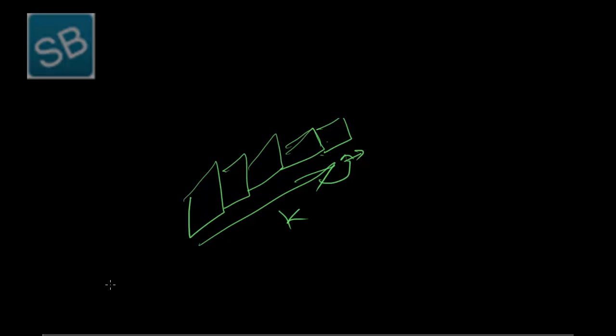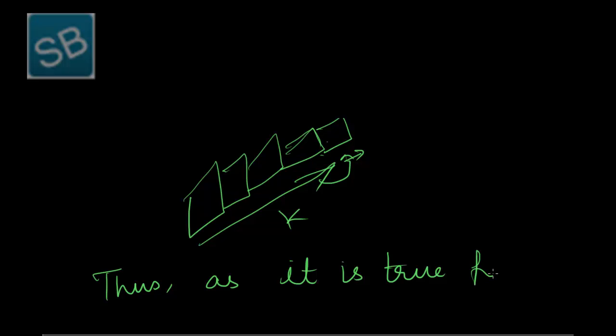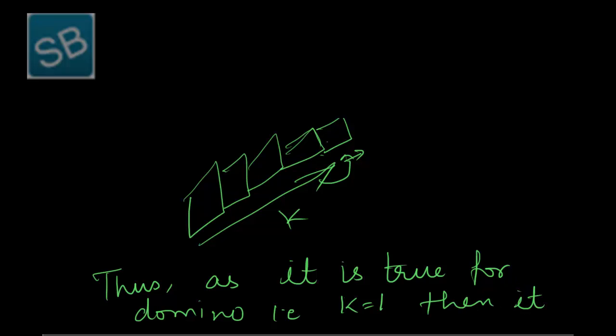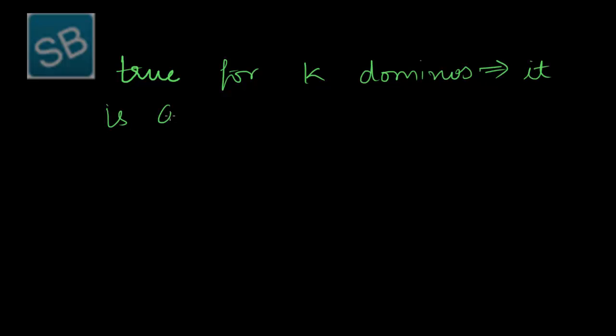Thus, we can say that as it is true for one domino, that is k is equal to 1, then it is true for k dominoes, which implies it is also true for k plus 1 dominoes.